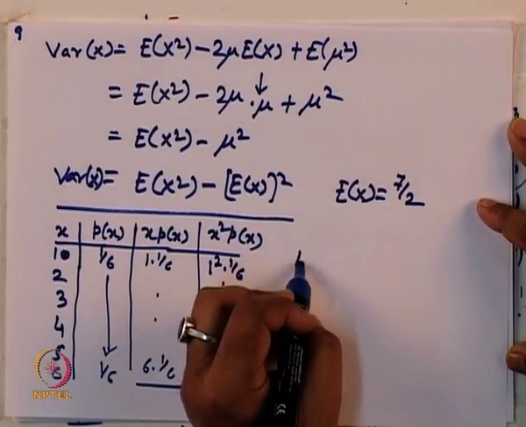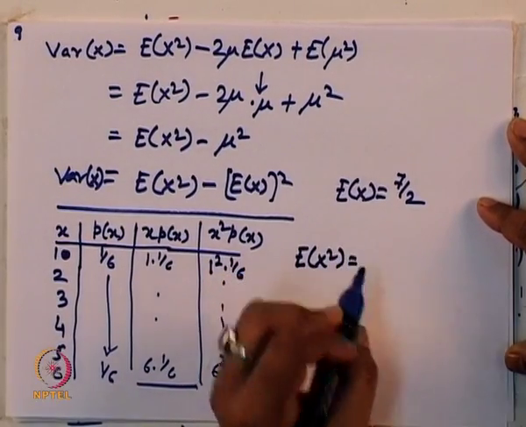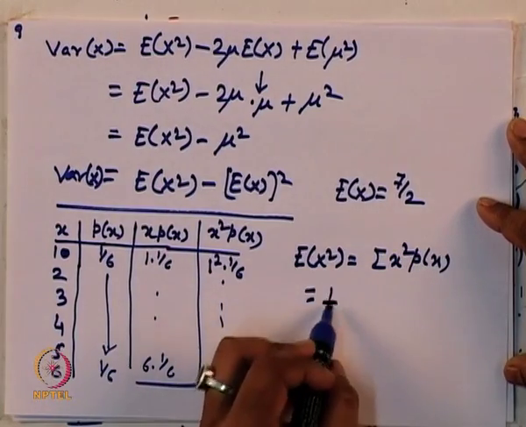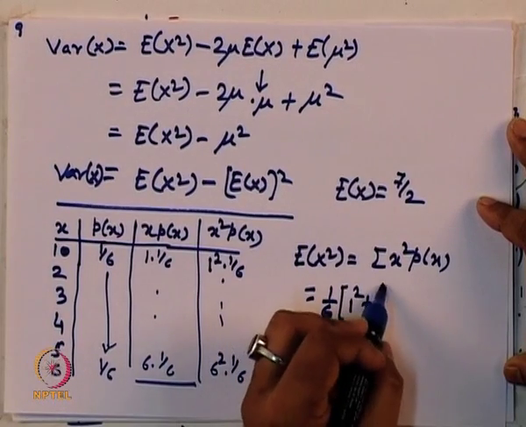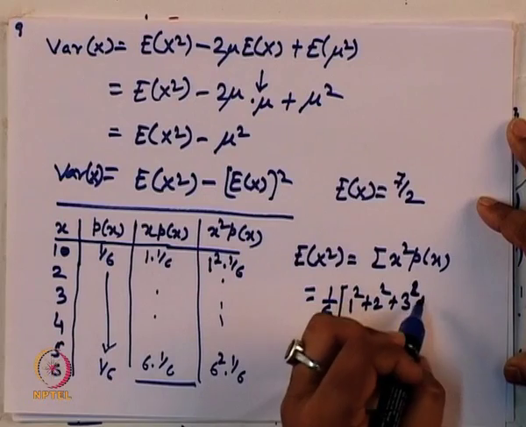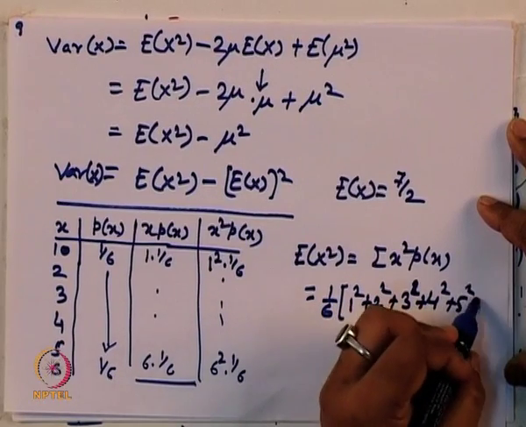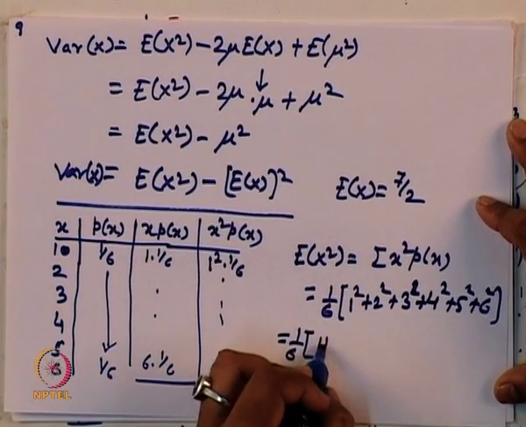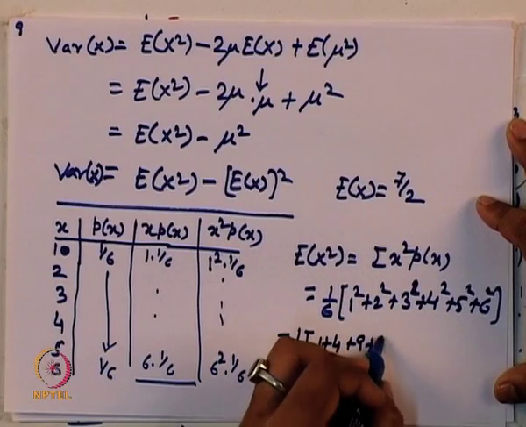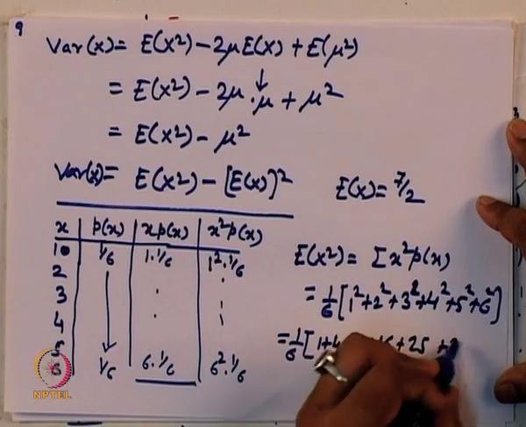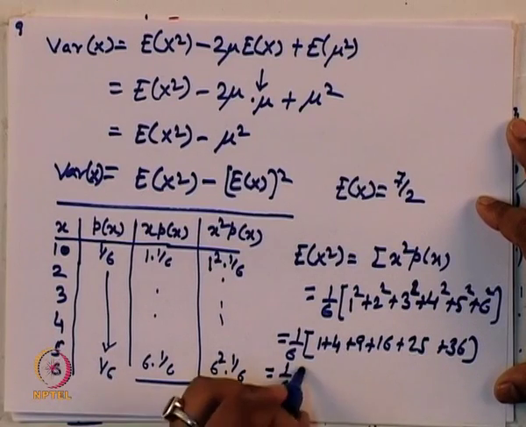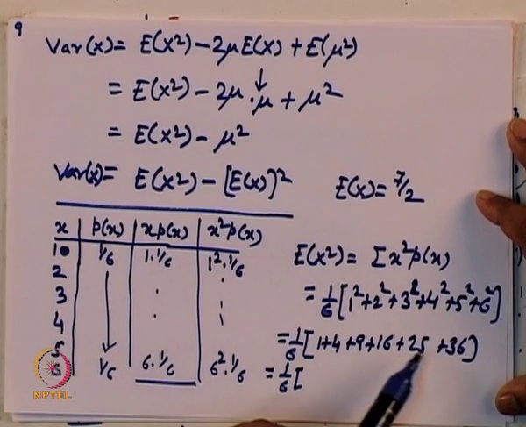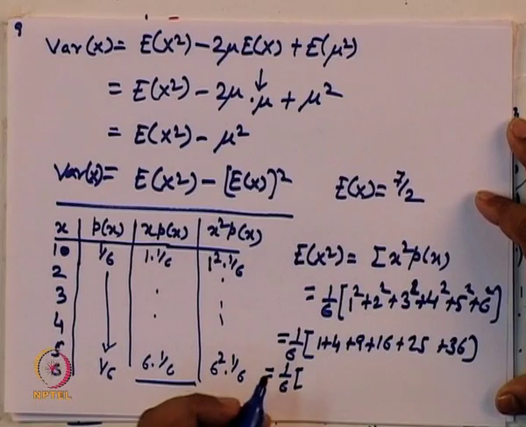So, your E of x square is summation x square p(x), which is 1 by 6 times (1 plus 4 plus 9 plus 16 plus 25 plus 36), which is 91 by 6.